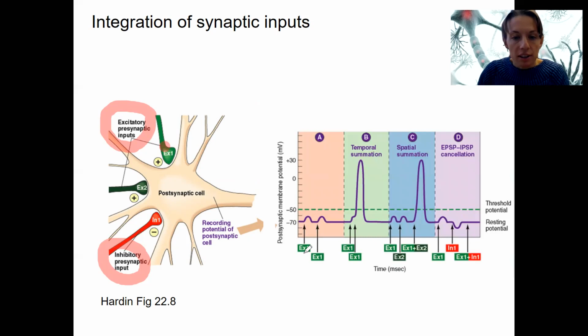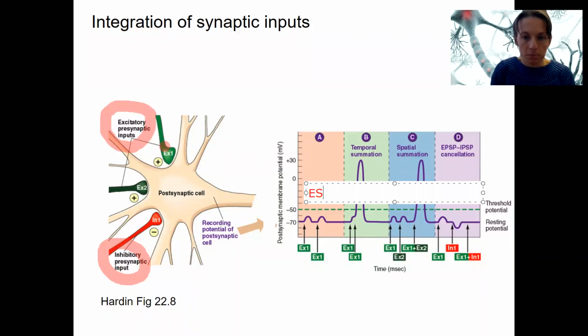First, we've got just excitatory signal 1 coming in 2 times that are separate in space. Does an action potential occur here? No. Why? We haven't reached threshold. These little blips are graded potentials. They're both excitatory postsynaptic potentials, but they are not enough to reach threshold.